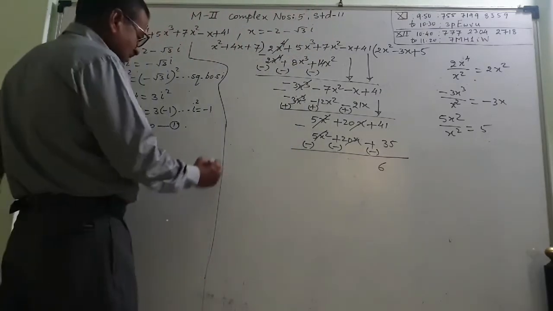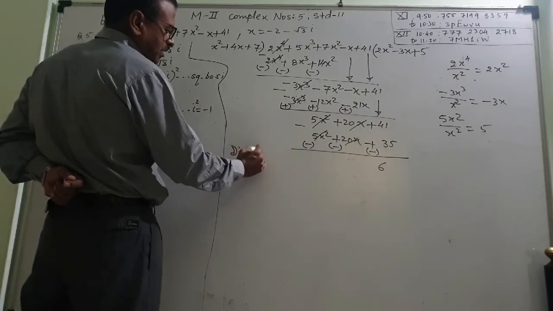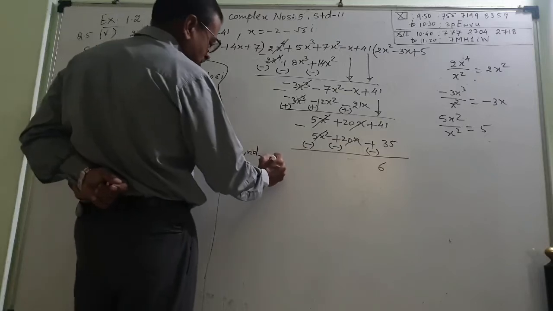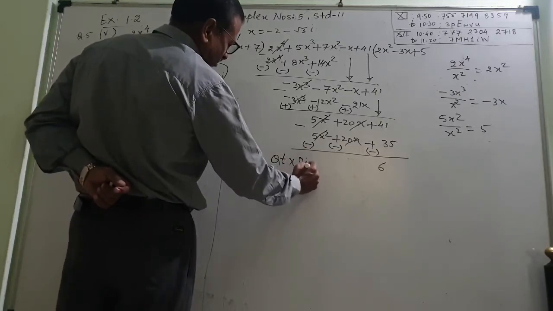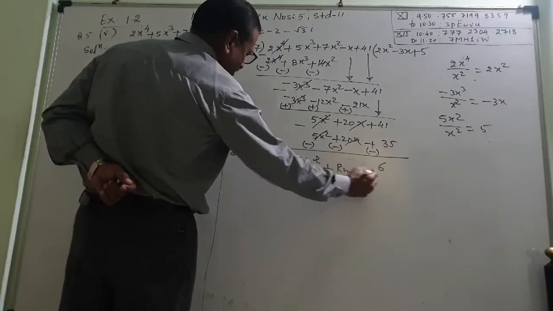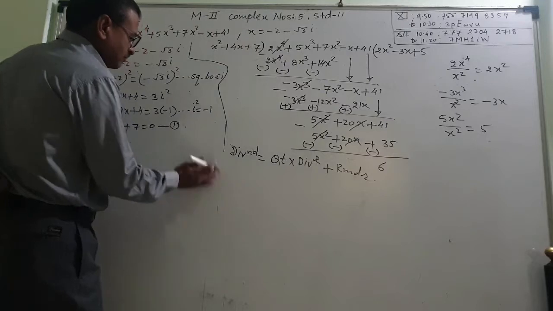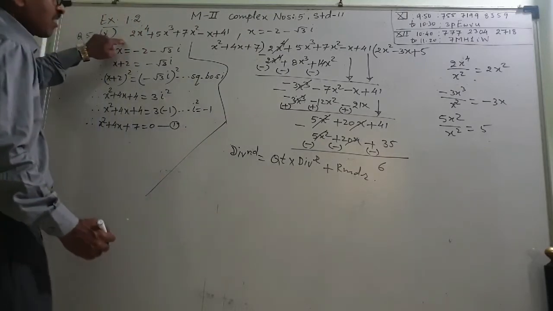So what is the answer? Dividend is equal to quotient into divisor plus remainder. Dividend is what? That I will write here, the dividend. Dividend is this.